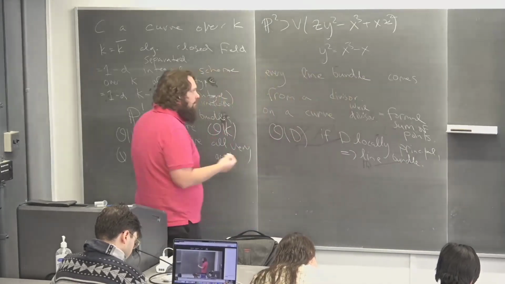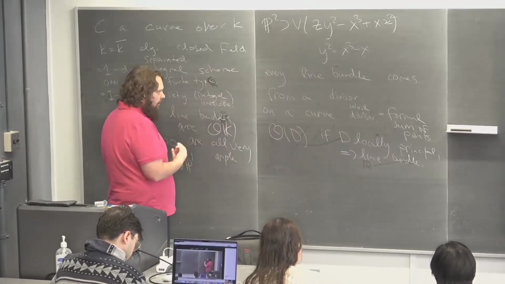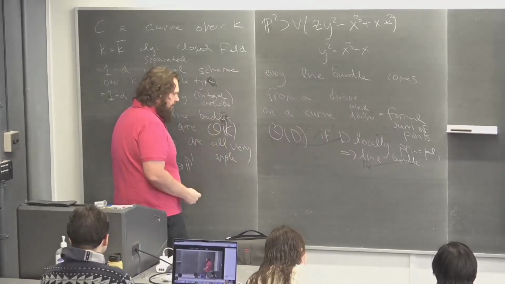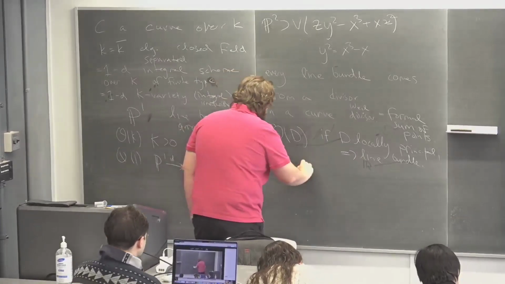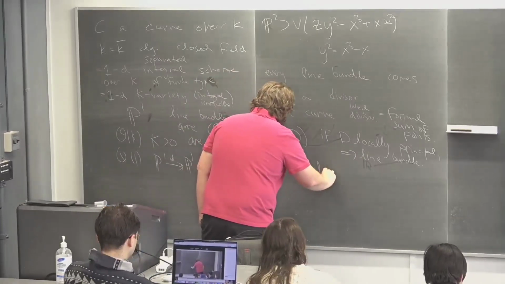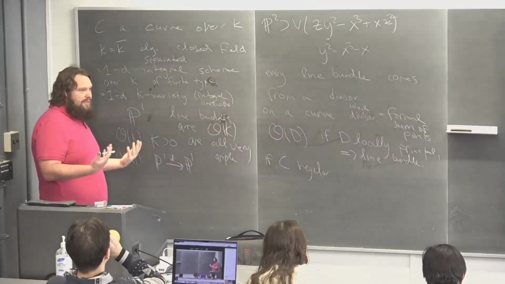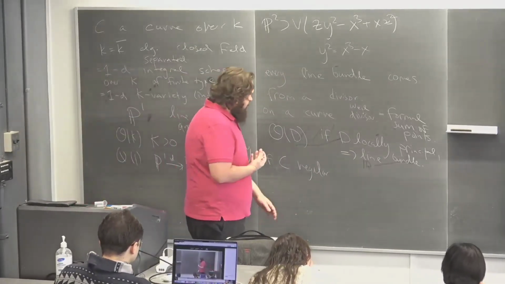For simplicity, we'll mostly focus on the case where the curve is regular, in which case every divisor is locally principal. Right? If C is regular, that means every local ring is a DVR.